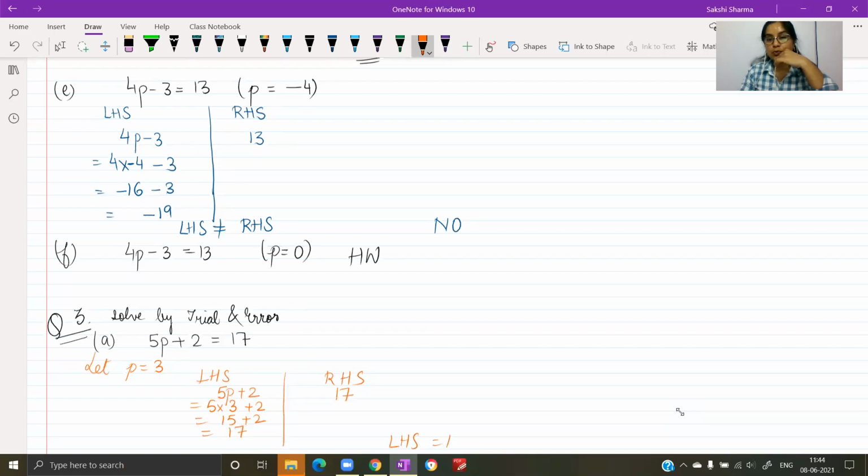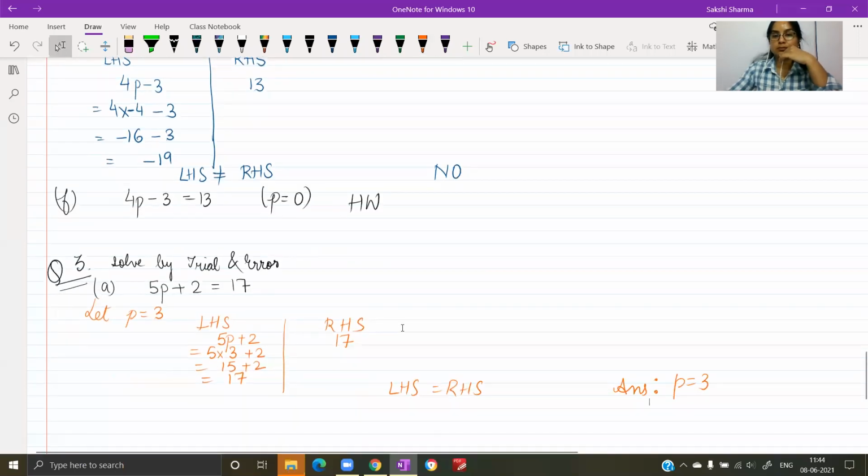Left-hand side is equal to right-hand side. So the answer is P equals to 3. I have written here, you could write below the equations here, LHS is equal to RHS. And then you give your answer.